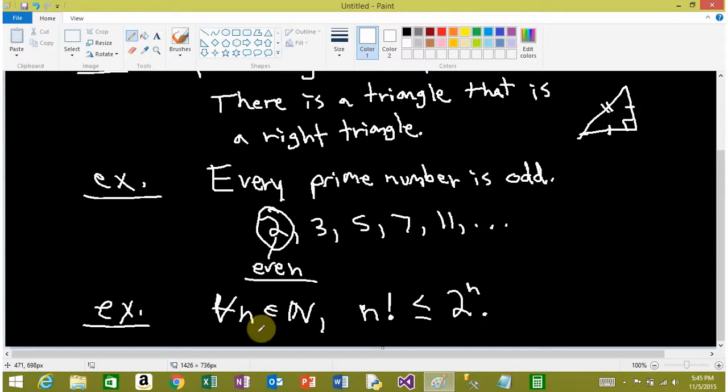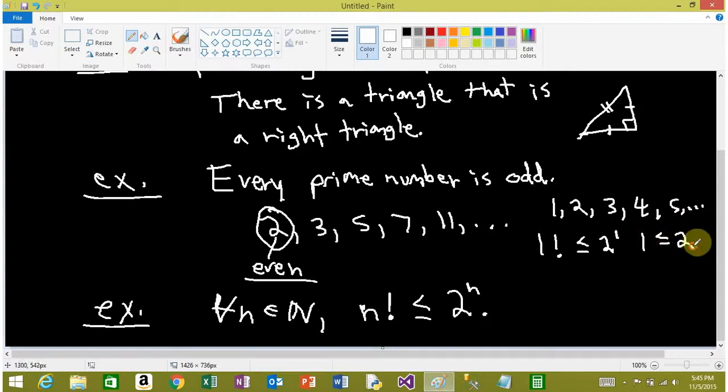So we start going through all of our natural numbers. 1, 2, 3, 4, 5, etc. So we start with 1, so we know 1 factorial is less than or equal to 2 to the first power. That's true, because 1 is less than or equal to 2. 2 factorial less than or equal to 2 to the second power. Well, that's 2 is less than or equal to 4. That's also true. 3 factorial less than or equal to 2 to the third power. So that's 6 is less than or equal to 8.